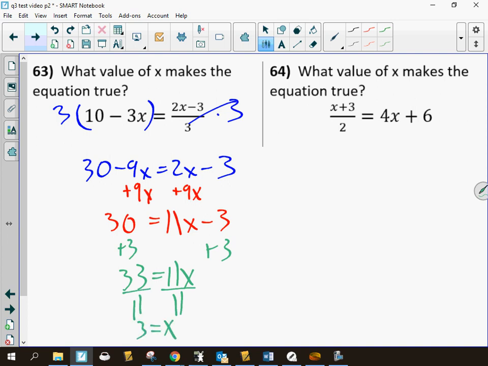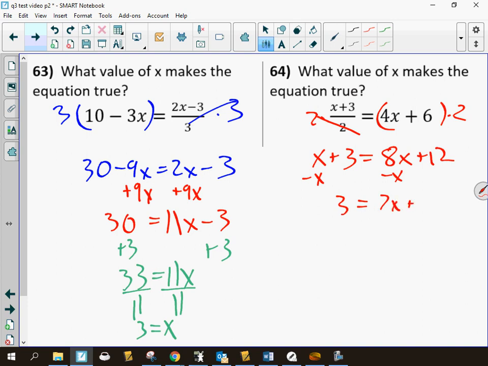Once again, going real quick, because at this point we've been watching the video for quite a while. So I'll multiply both sides by 2, and I'll get 8x plus 12. Subtract x from both sides, I'll get 3 equals 7x plus 12. Subtract 12 from both sides. Make sure I did my math right here.